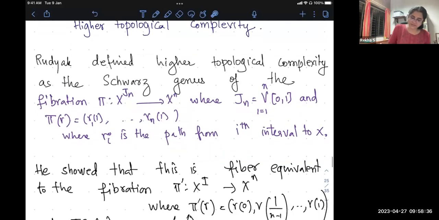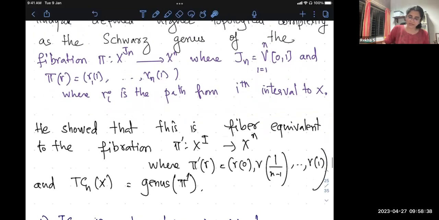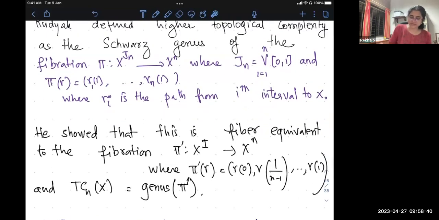It turns out that this is fiber equivalent to looking at the fibration where we're really taking an interval 0 to 1 and splitting it into n smaller intervals. And then we are just taking the projection down to each of these points.